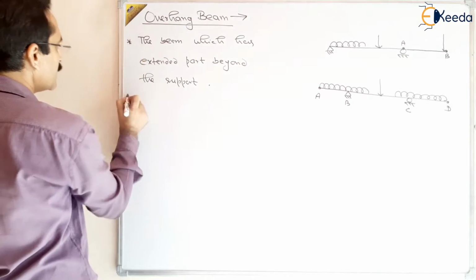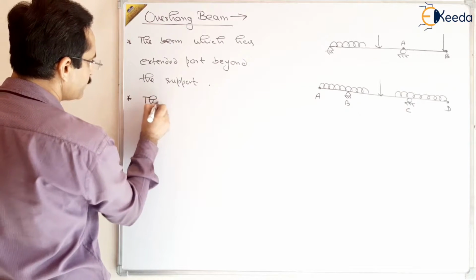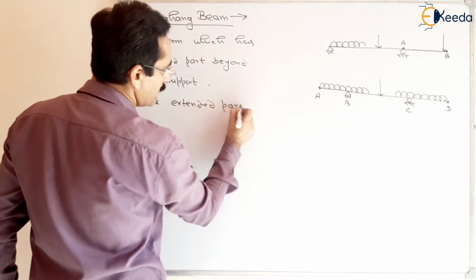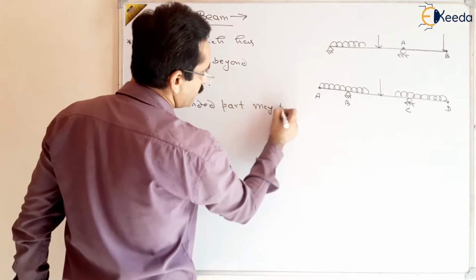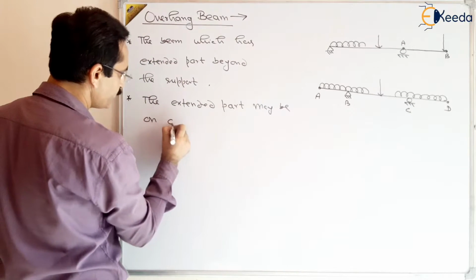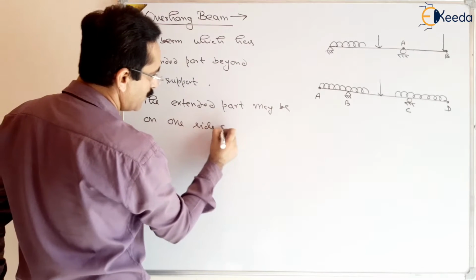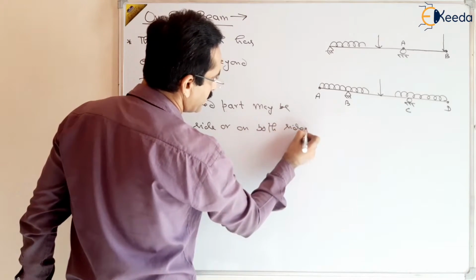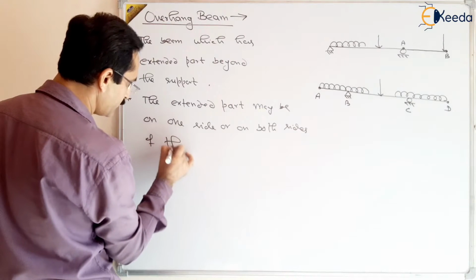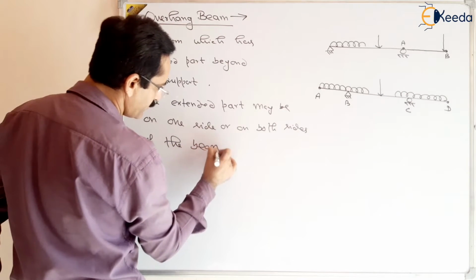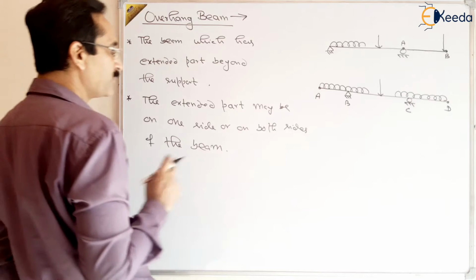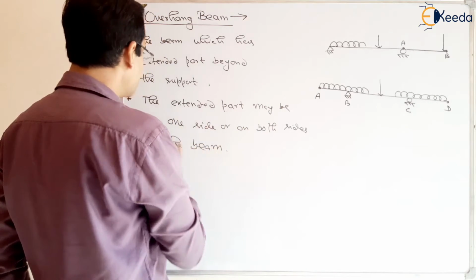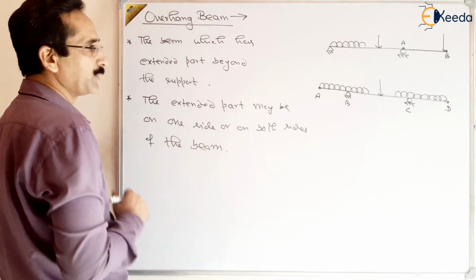And the extended part may be on one side or on both sides of the beam. So we will call it an overhang beam, right?